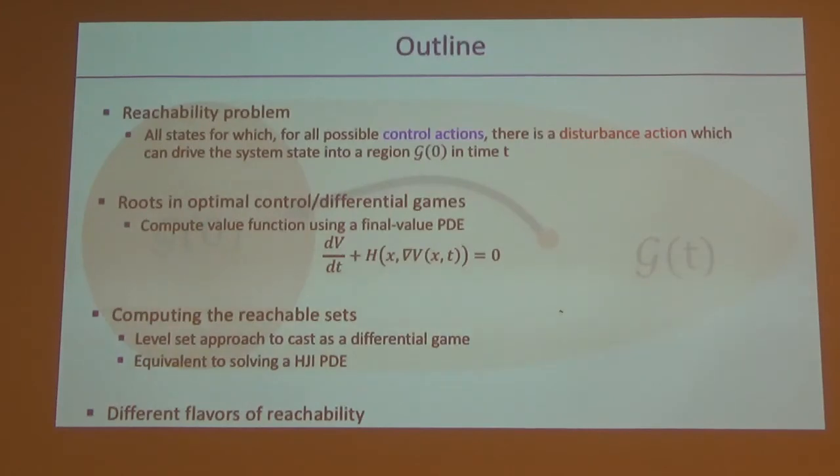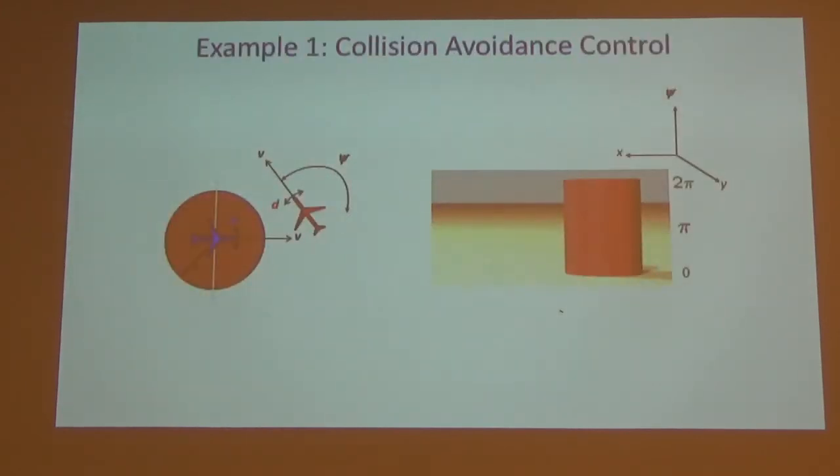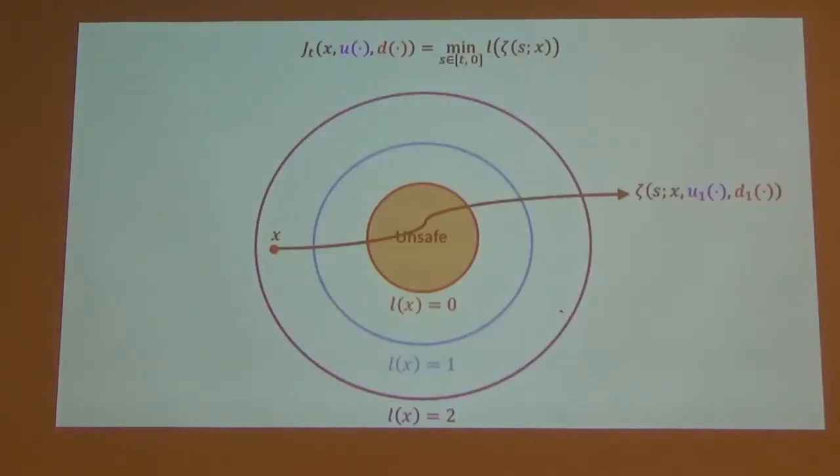I just want to add a comment on the cartoon which you had. Could you go back to that slide? This one? The one before. So here, the reason why we had max and min is because the interest is in sub-levels. Yes. The moment you take max and min of the value function, you end up with for all control there exists. Yeah. So this goes back to one of the questions that you asked.